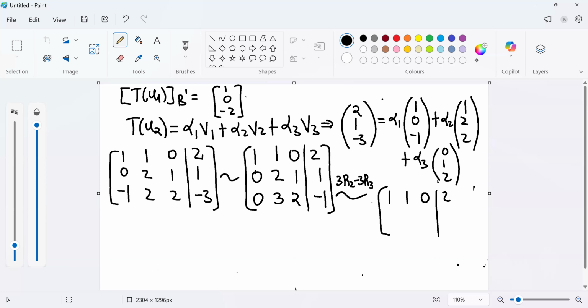This is 3R2 minus 2, sorry, minus 2. Then this is 0, 2, 1, 1. Then this is a 0, this is a 0. 3R2, 3 minus 4, I think this is a negative 1. And 3R2, that is 3 plus 2, 5.